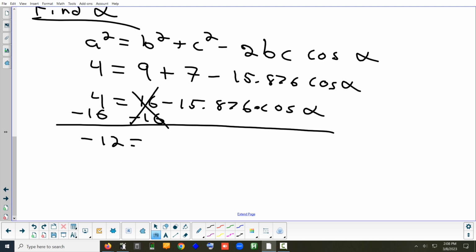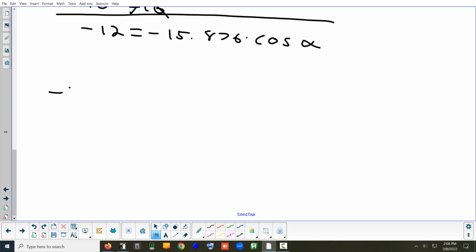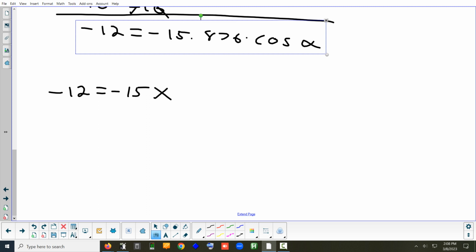So you get negative 12 equals negative 15.876 cosine alpha. Now the next step would be the same as the next step in this one. What would be your next step? In this equation, it would be the last step. In this one, it's going to be the second to last step.